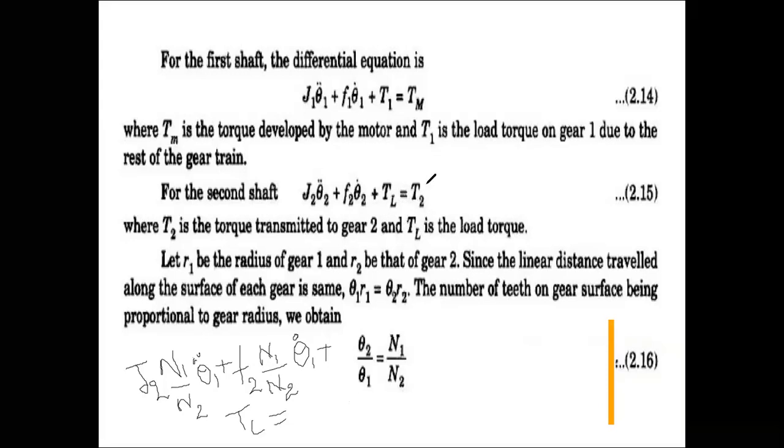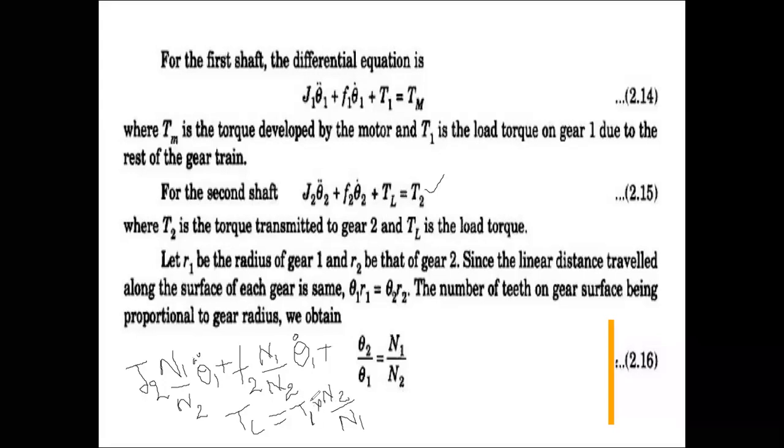So if I write T2 also in terms of T1, I am going to get T1 multiplied by N2 by N1. This is your equation. This is T1.